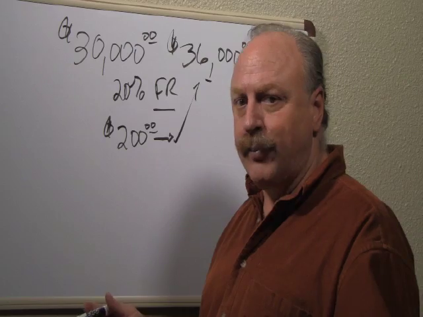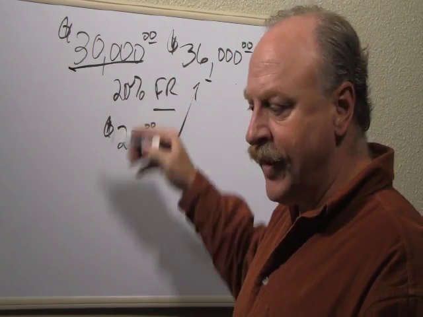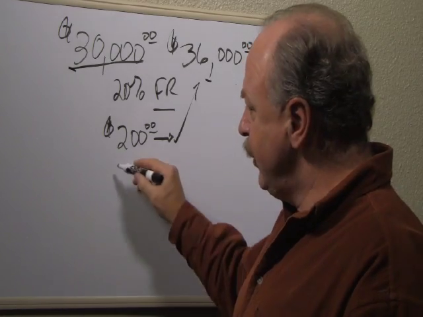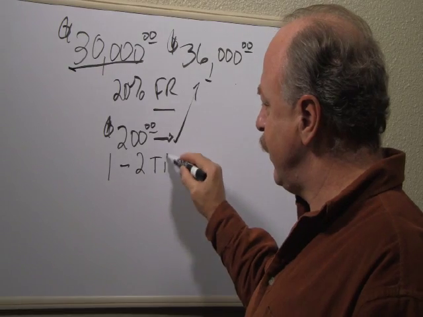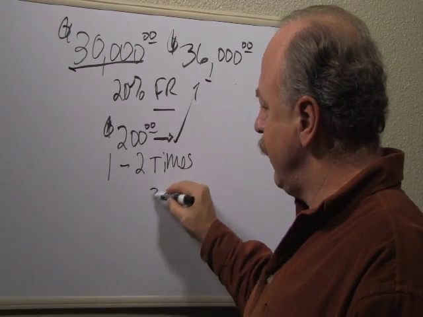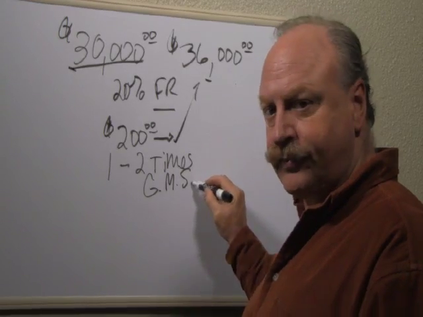How do we come up with what you qualify for as a business? Typically, you can qualify for 1 to 2 times your gross monthly sales.